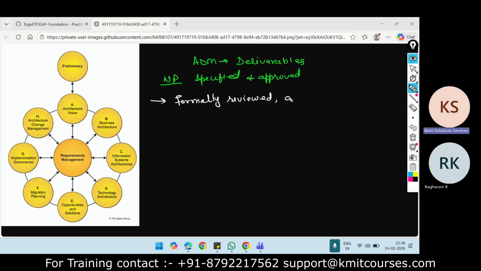It should be approved. If it is not reviewed, if it is not approved, then this is not your deliverable. It should be signed off. Signed off by whom? By stakeholders.